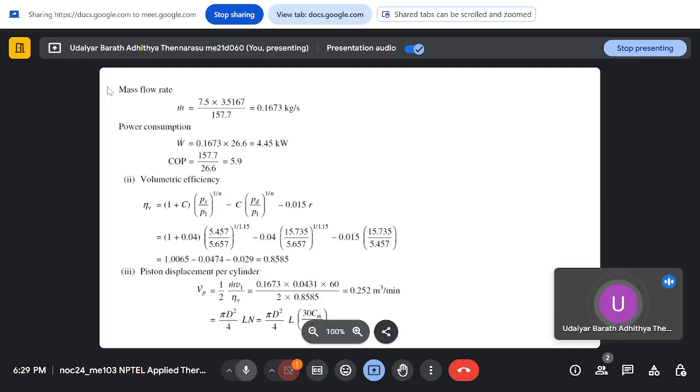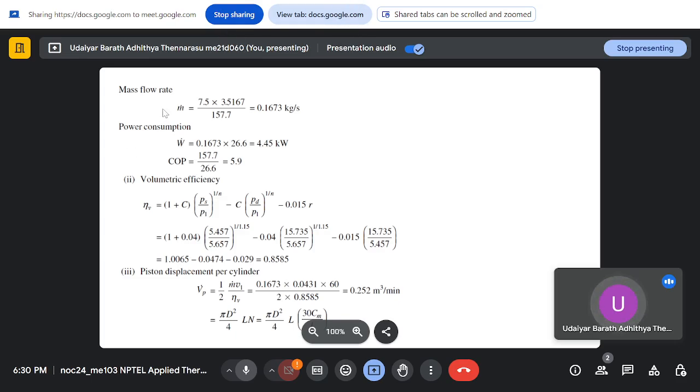Now I can get the mass flow rate. The total cooling requirement is 7.5 tons, so converting that into kilowatts is 7.5 into 3.52, or 3.5167 to be precise, and dividing by my specific refrigerating effect, which is 157.7, this gives me the total mass flow rate as 0.1673 kg per second.